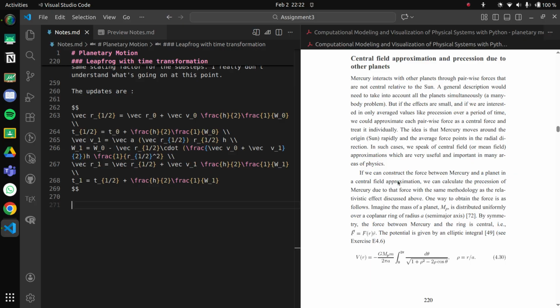The idea is that Mercury moves around the Sun rapidly, and the average force points in the radial direction. In such a case, we speak of the central field or mean field approximation, which is very useful and important in many areas of physics. If we construct a force between Mercury and a planet in a central field approximation, we can calculate the precession of Mercury due to the force with the same methodology as the relativistic effect discussed.